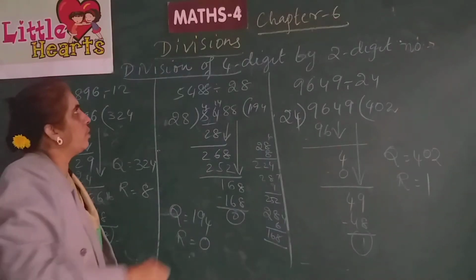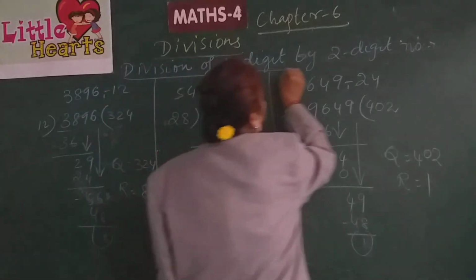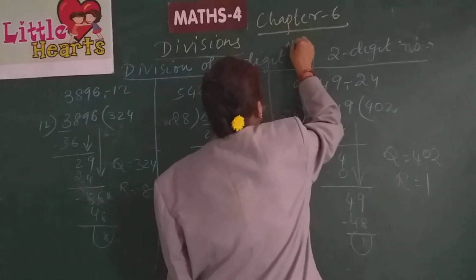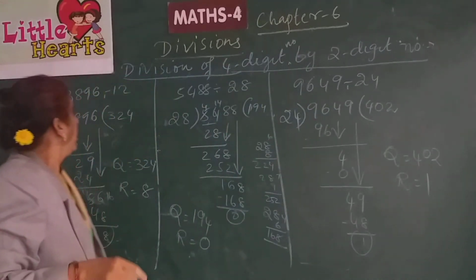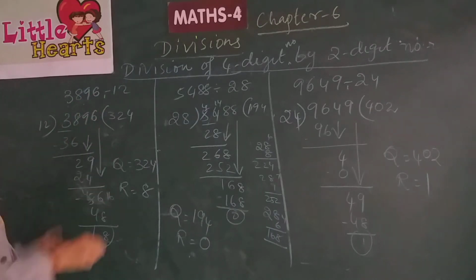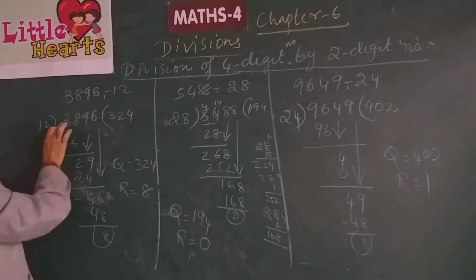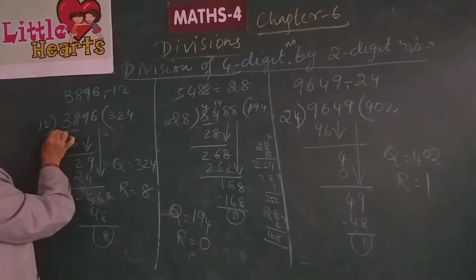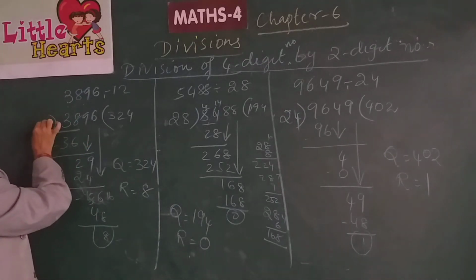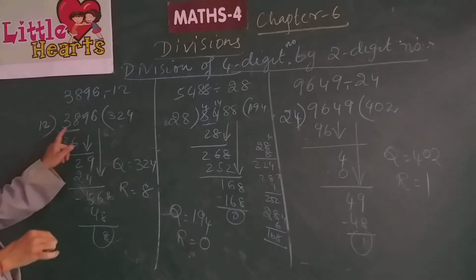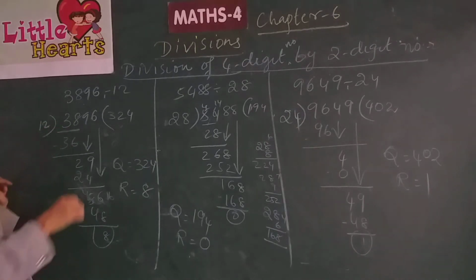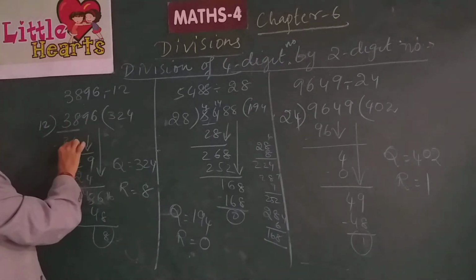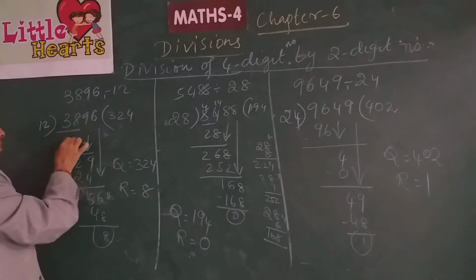Yes children, let us go with division of a 4-digit number by a 2-digit number. 3896 divided by 12. Always start from the thousands place digit, and the thousands and hundreds place. 38 is greater than 12. Take 2 digits, 38. 12 3s are 36. 38 minus 36 is 2.